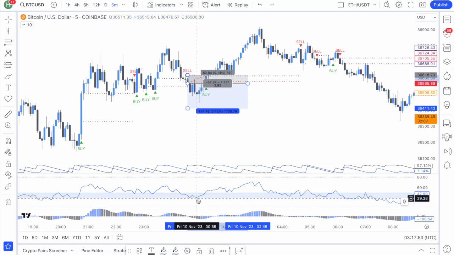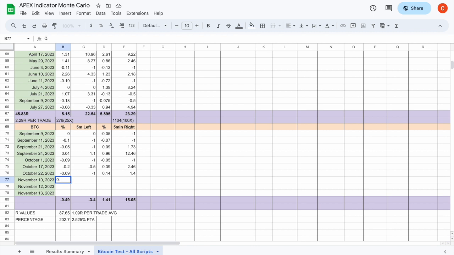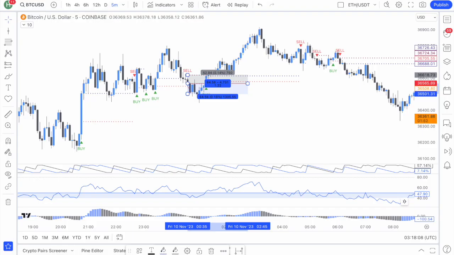So again, this would have been another divergence. Like I'm telling you, these small divergences, they do save you. So 1.22 at 1.8. So it does help you. So going on to the next one.